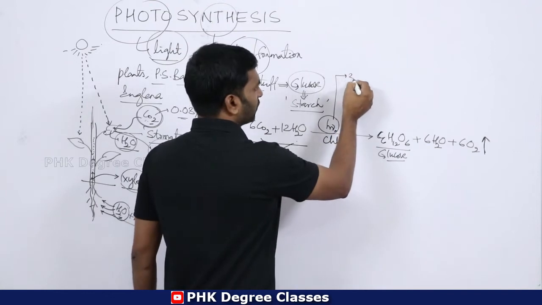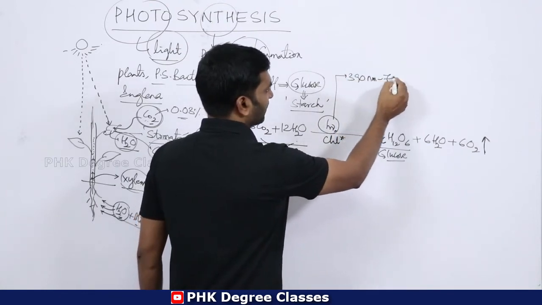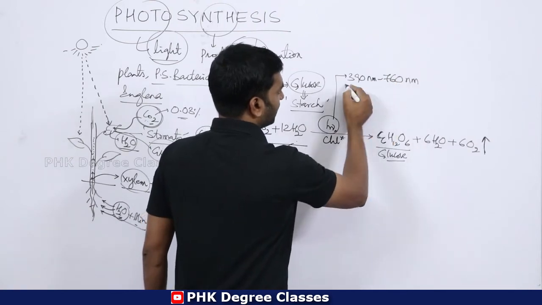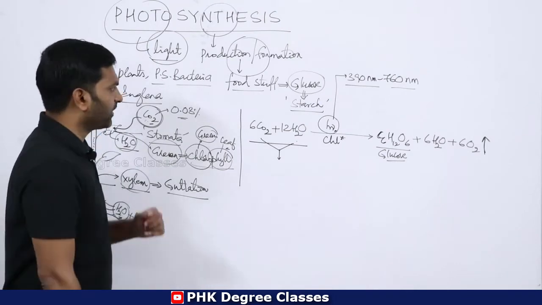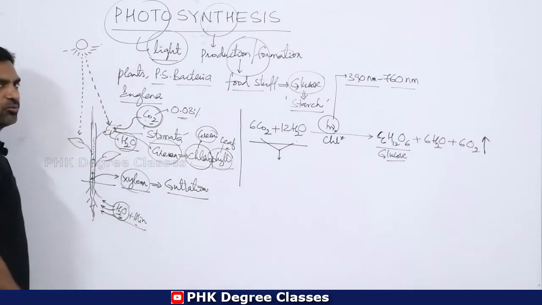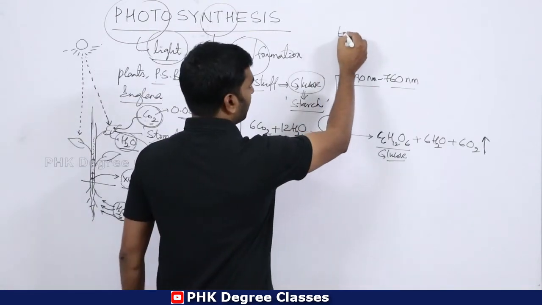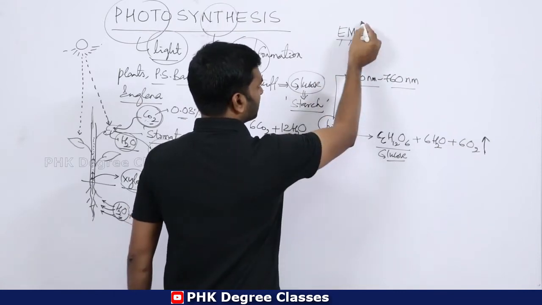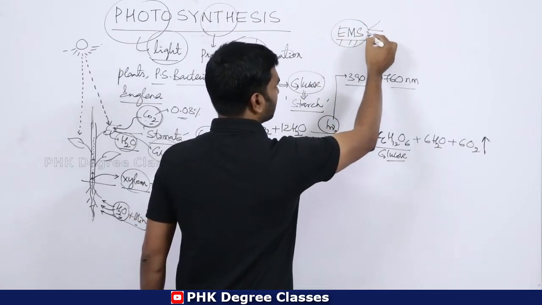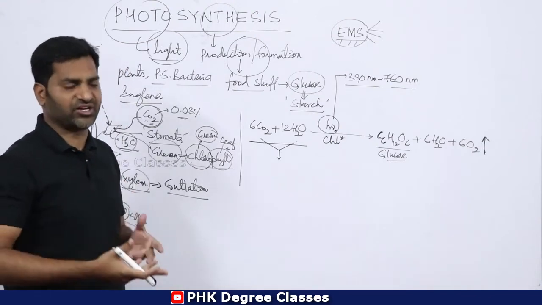Remember, there is a frequency range, 390 nm to 760 nm. Sunlight of 390 nm to 760 nm is useful. For example, if you observe the electromagnetic spectrum, that is EMS of sunlight, it is composed of different radiant energies, different levels of light energy.